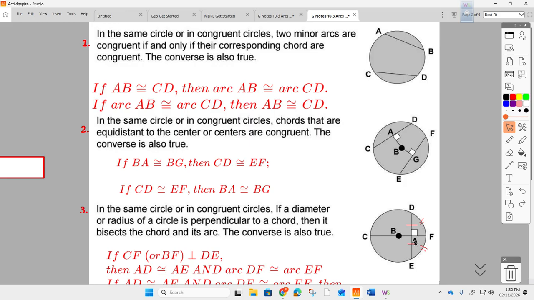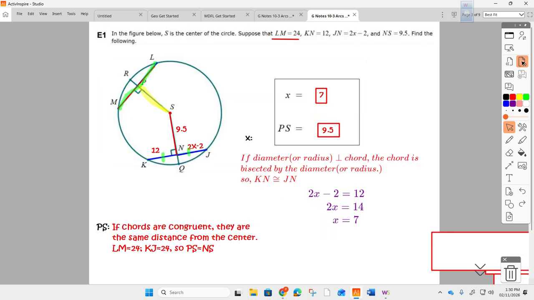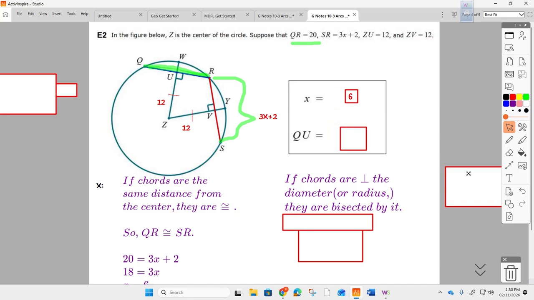Someone said the last time because they're perpendicular. So this is where that works. If the radius is perpendicular and intersects through that chord, then it splits the chord into 2 congruent segments. We're not going to write all that because we don't have time at this point, but if the chords are perpendicular to the diameter or radius, they are bisected by it.